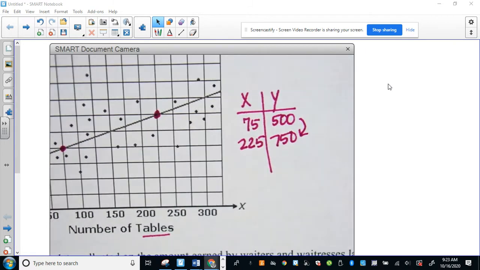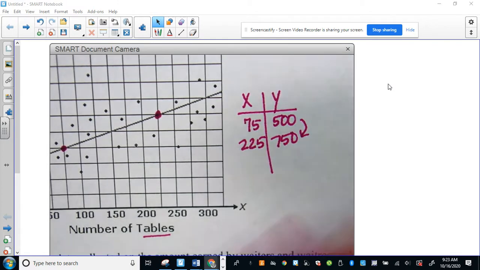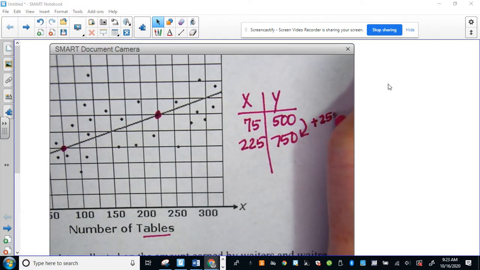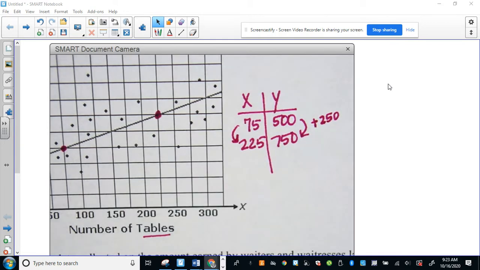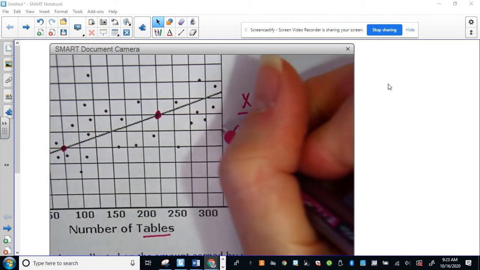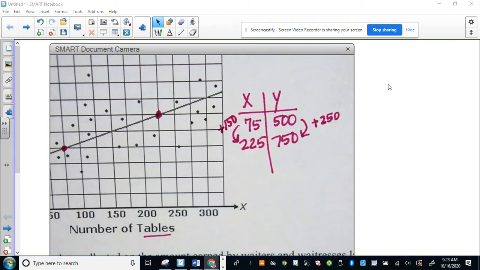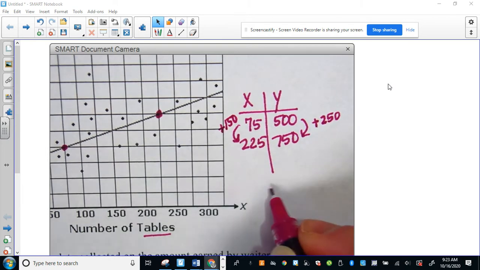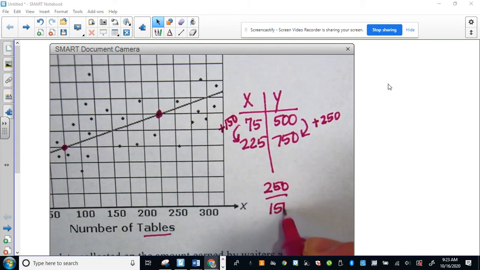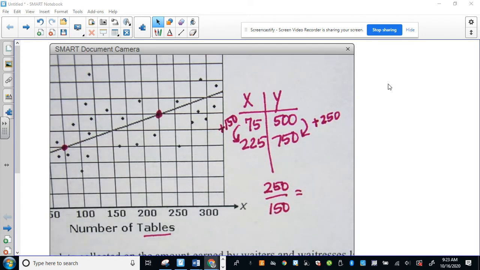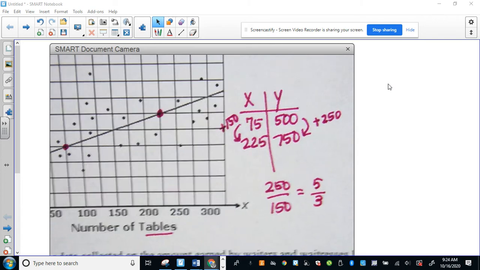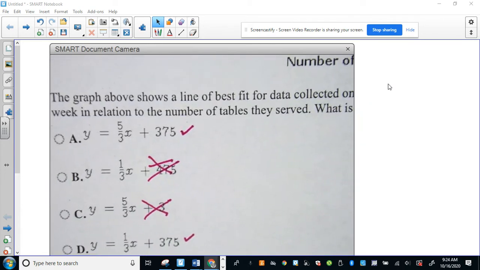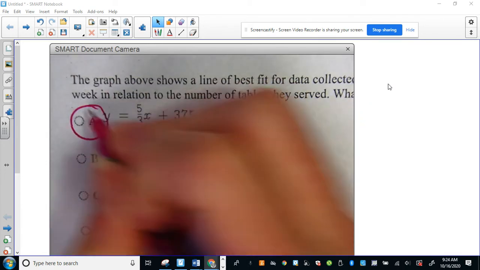So if I go back over here and do my humps, I'm going up by 250 here, and I'm going up by 150 here. So changing Y's over changing X's is 250 over 150. And if I take 250 and put it over 150 and simplify that, that is 5/3. So if I look at my answer choices, again, number 2 is A.